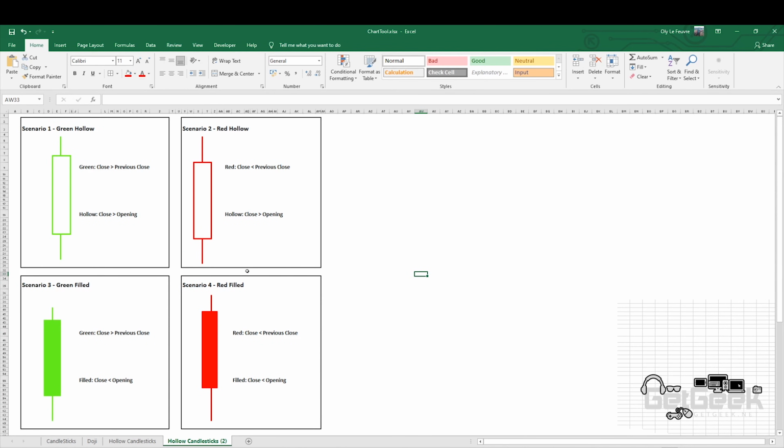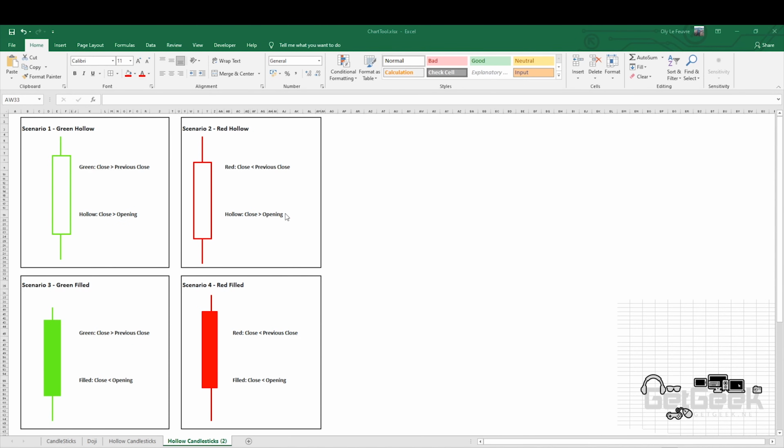So if we flip over to here, I've put it into another view, which should hopefully make this easier to understand. There's a few basic rules. When a candle is solid, it means that the current closing price is lower than the same period's opening price. And when a candle is hollow, it means that the current closing price is higher than the same period's opening price.